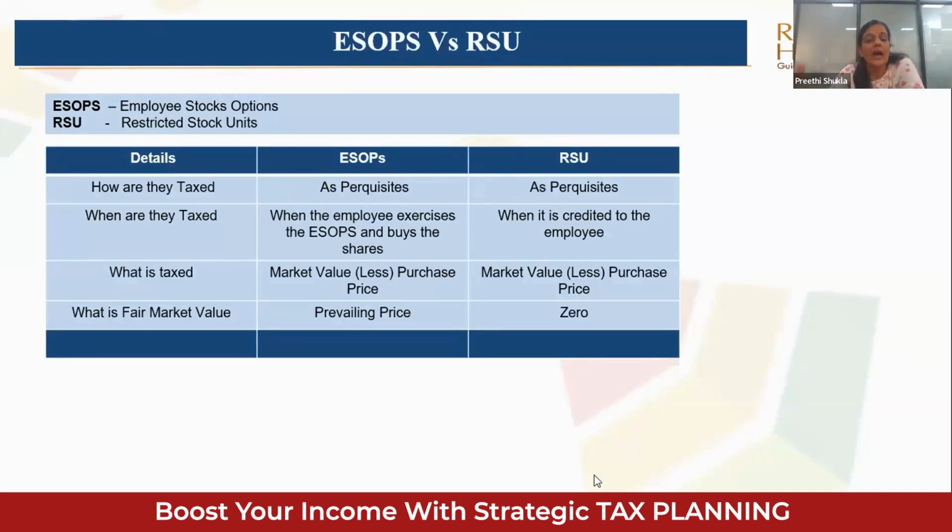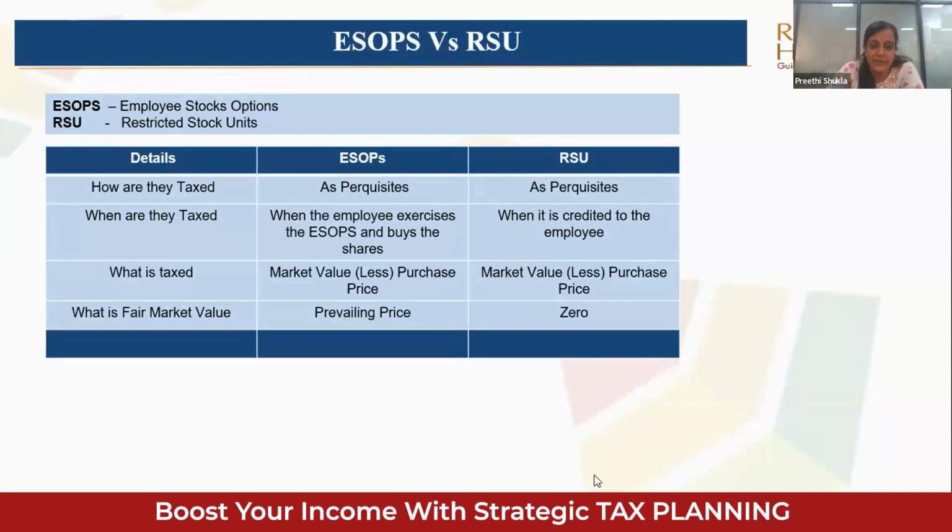30%. Okay. Similarly, RSUs are given free of cost to the employees after the vesting period. So it is taxed completely on the day it is credited to the employee. A similar example: if you are credited with 10 shares with an equivalent value of 1,500, that will be taxed at the perquisite tax rate of 30%.